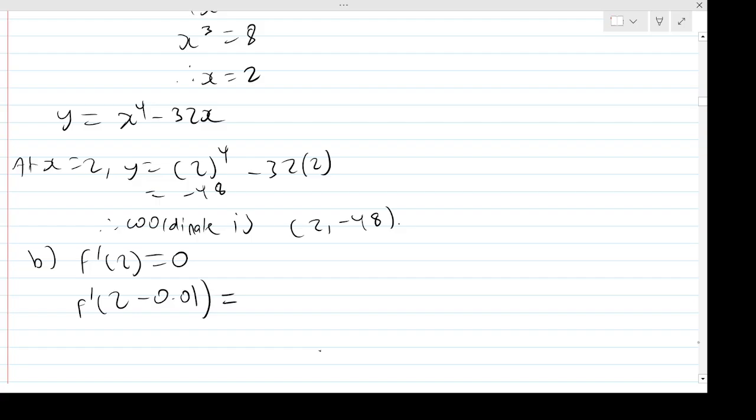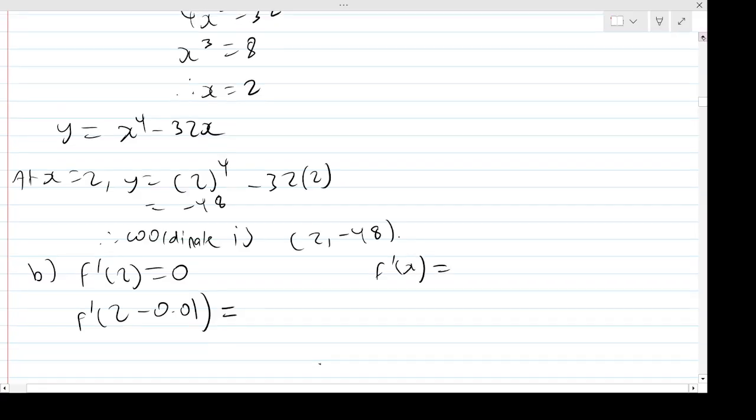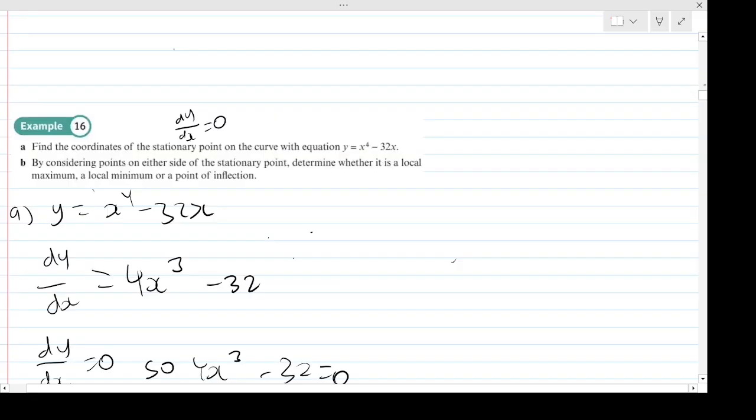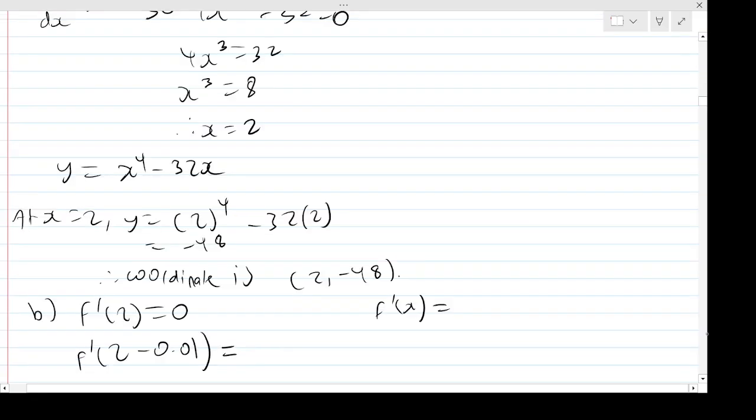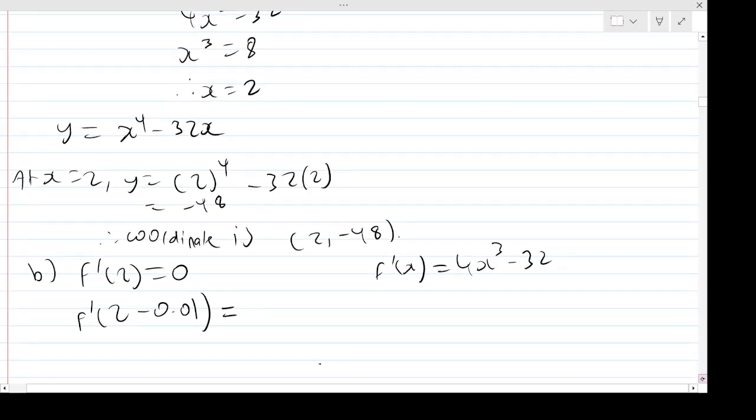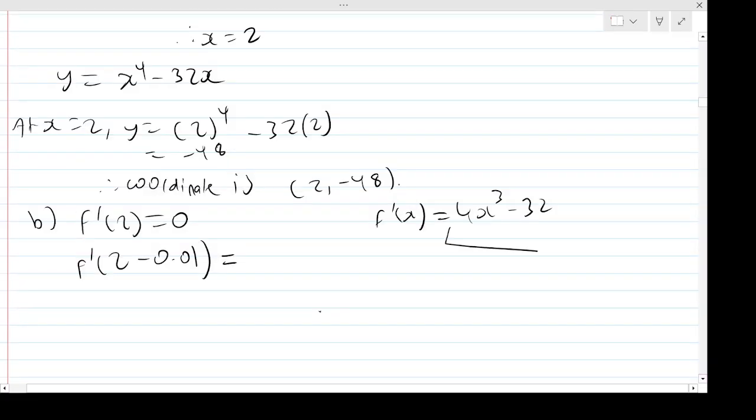Bear in mind my derivative function is 4x cubed minus 32, and that's what I'm substituting into. If I substitute 2 minus 0.01, which is 1.99, into my gradient function, I will get minus 0.47, and that is going to be a negative.